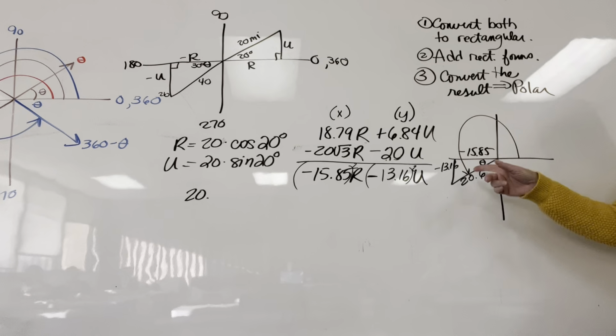All right, let's look if it were in the second quadrant. This would then be a positive, and I'm just going to make a number up. And this would be a positive. Okay, so in this quadrant, what is the sine, positive or negative?